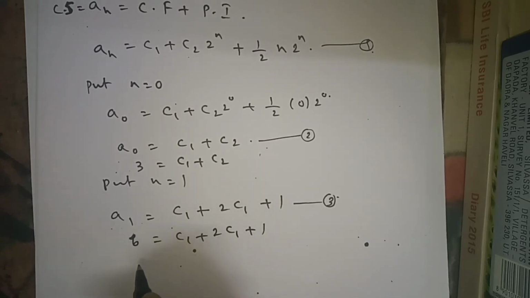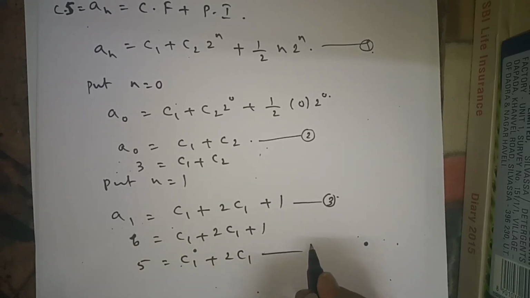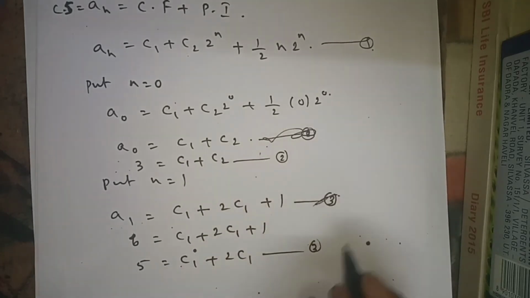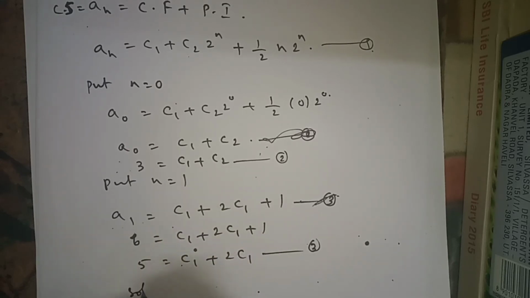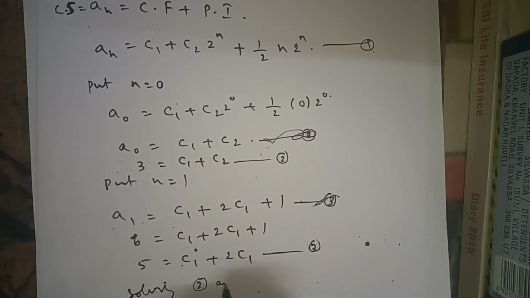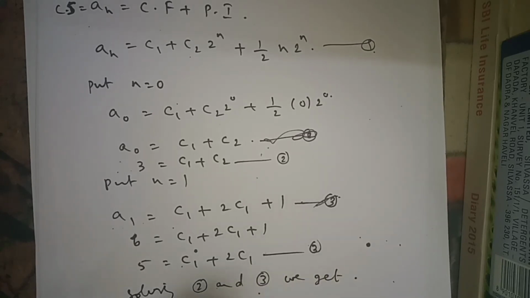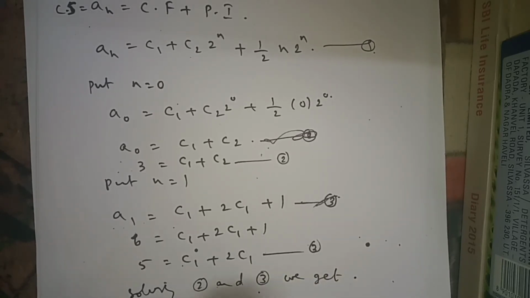Therefore 6 minus 1 is 5. We substituted a0 and a1, and solving 2 and 3, we get c1 is equal to 1, c2 is equal to 2.